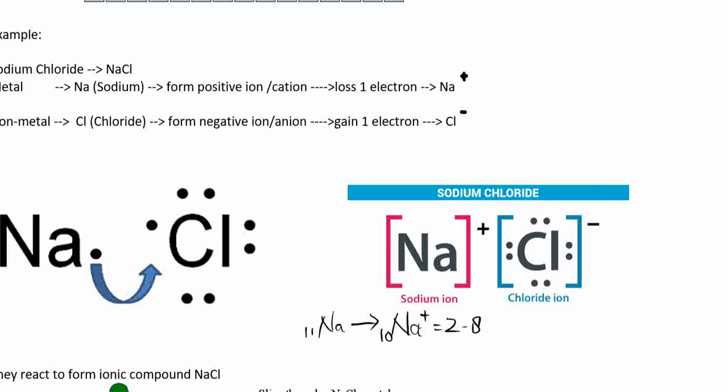So first Na has 11 electrons. As it loses one electron, it becomes 10 electrons. Now the 10 are arranged in the first layer 2, second layer 8. So now Na+ has 8 electrons in its outer shell, and Cl- also has 8 electrons in its outer shell. The configuration of 8 electrons is the most stable one.